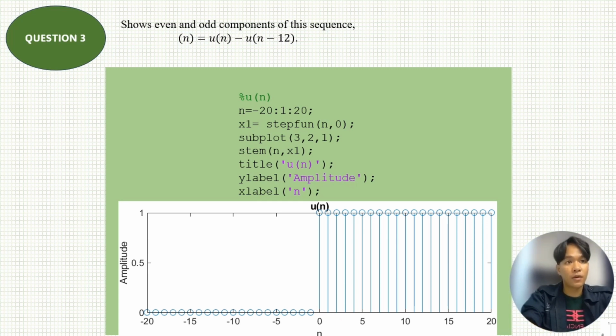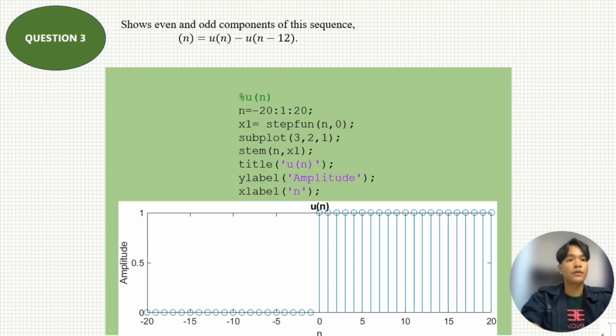So let's go from the first line: n equals negative 20, 1, and 20. This line means that the graph will start at negative 20 with a step size of 1, and it will end at 20. Next, x1 equals step function and 0. This is used to express the unit step signal, so the signal will start at n equal to 0 and go until infinity.